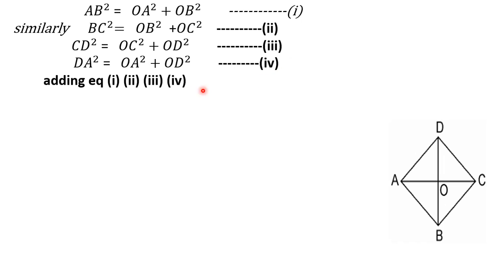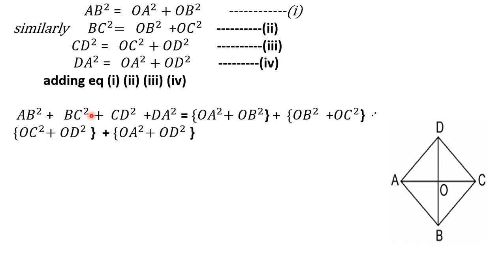Now adding these four equations, the left hand side is the four sides of the rhombus. So we are adding equations 1 plus 2 plus 3 plus 4. That is AB square plus BC square plus CD square plus DA square is equal to OA square plus OB square plus OB square plus OC square plus OC square plus OD square plus OA square plus OD square.